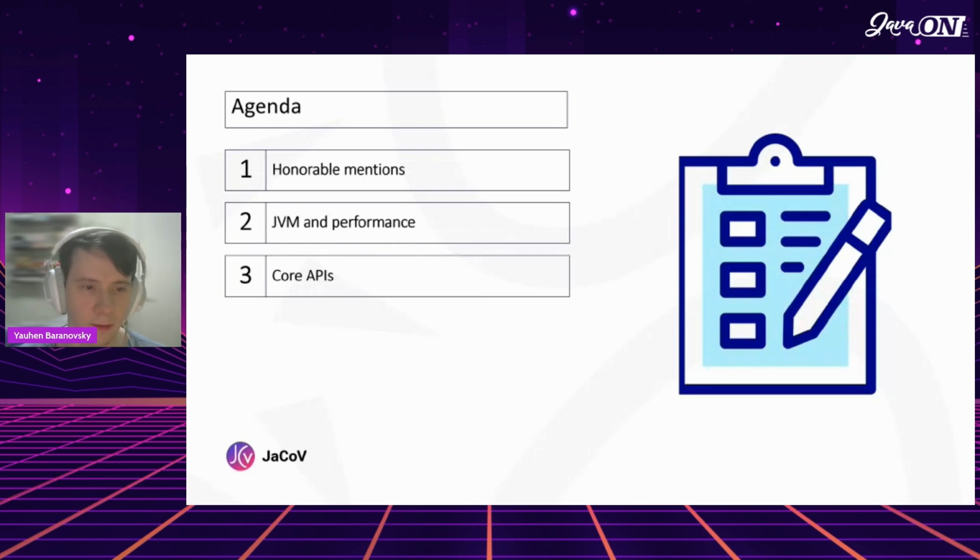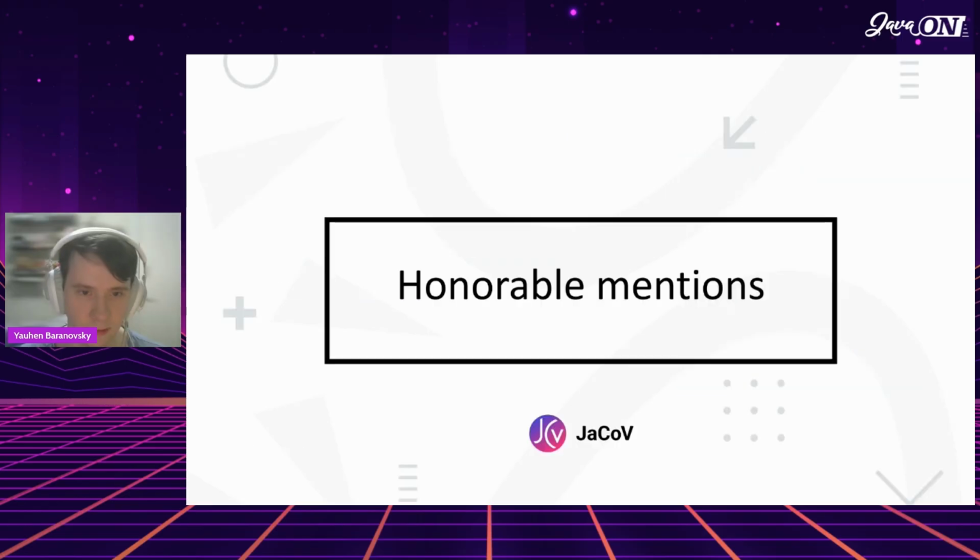And the third part will be some sort of outro with more traditional adjustments in core APIs, etc. As much as possible, I tried to support all the theory with practical examples, which you will find in my public GitHub repository. So let's dive into it.